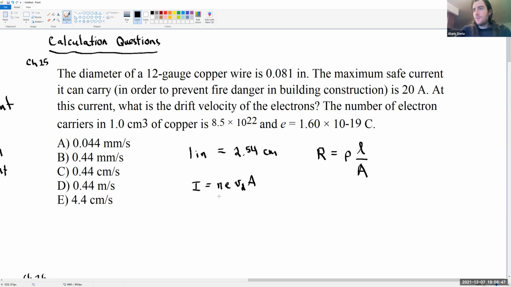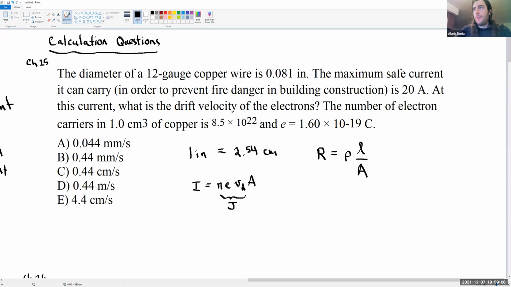Okay. So the part before the area is J, the current density. If you multiply J by the cross-sectional area of a wire, as long as that cross-sectional area is constant, you get the current I. I believe these are all the formulas you would need to be able to tackle this question.